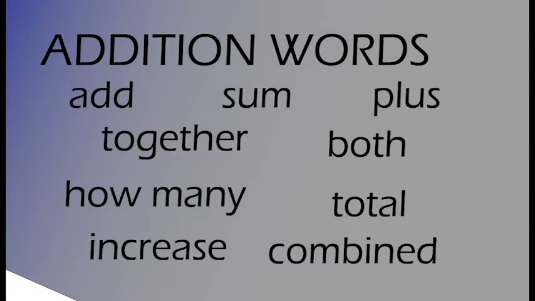Up on the screen here you're going to see the different types of words that are used for some of the common algebraic situations, such as addition. When we're working with addition, some common terms that you would see include add, addition, but other ones you might see: increase is very common, or how many.